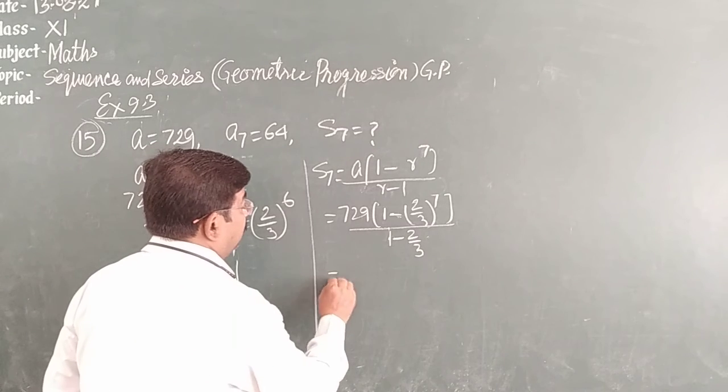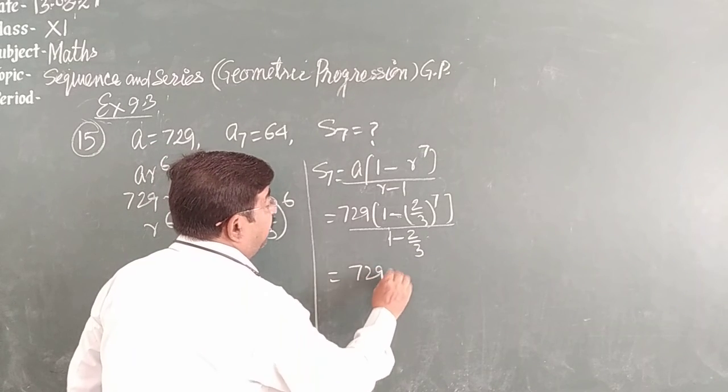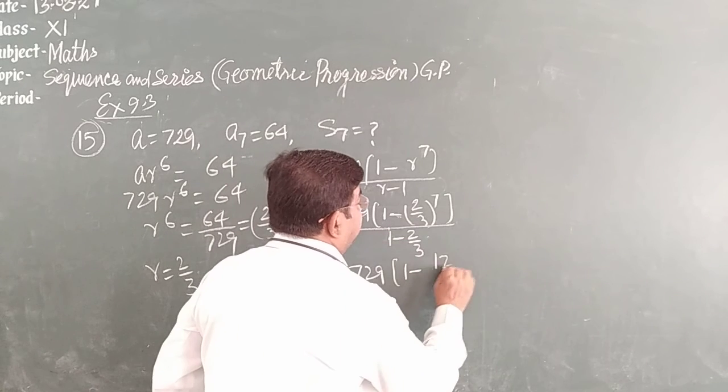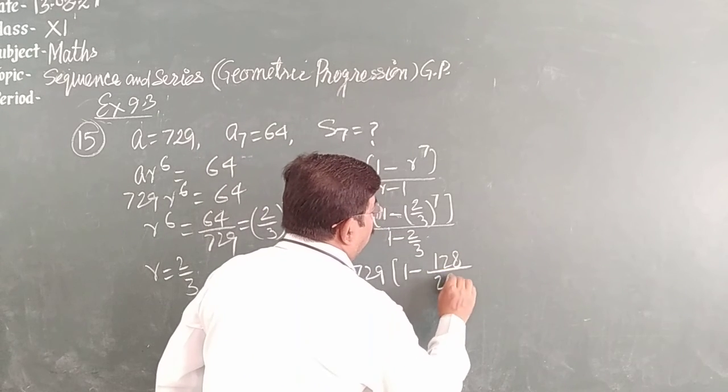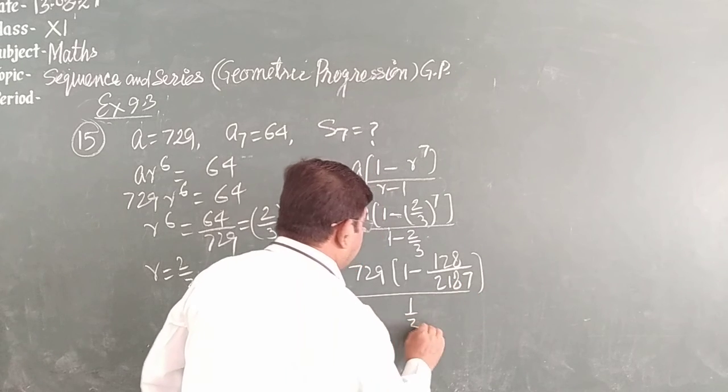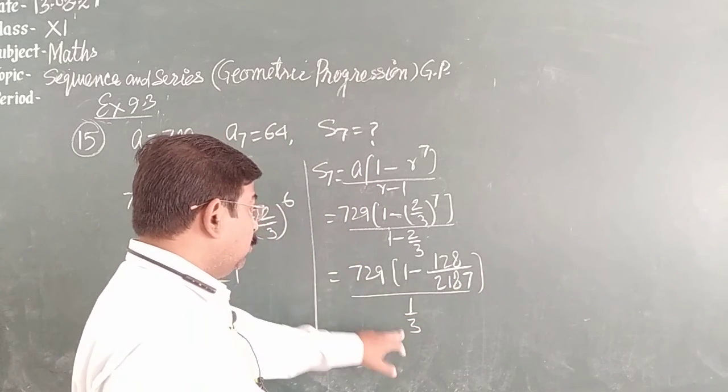This is 729 times 1 minus 128 upon 2187, upon 1 upon 3. This 3 comes this side, so we can multiply.